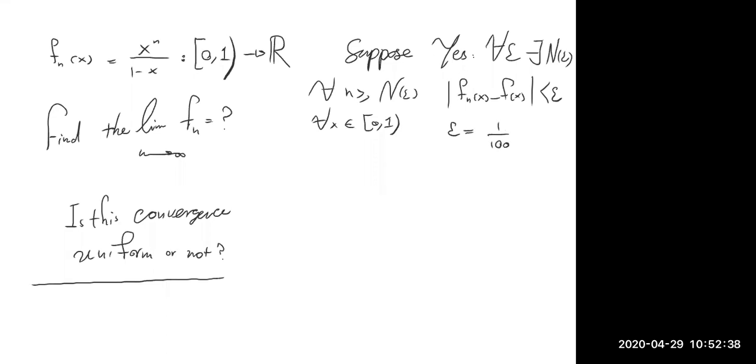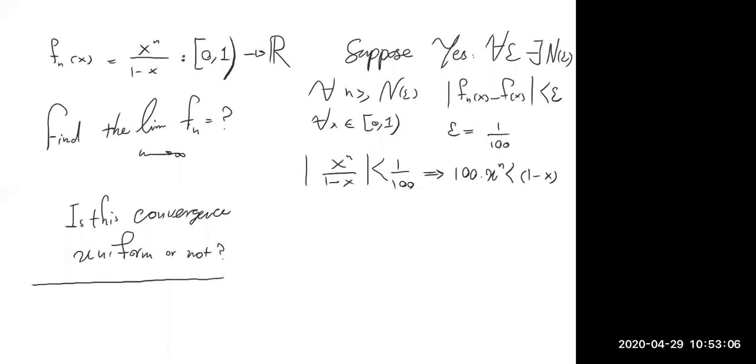Anything, that's just a random number. So Fn of x would be x to the n over 1 minus x, f of x would be 0, so it would be minus 0. It should be less than 1 over 100, right? Which means 100 times x to the n should be less than 1 minus x.